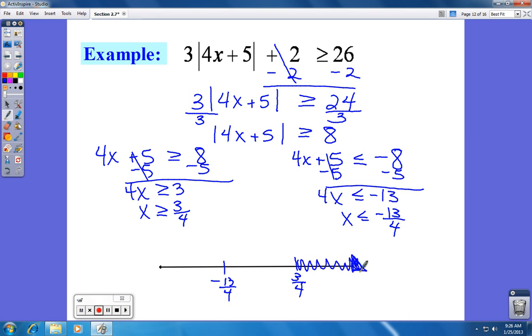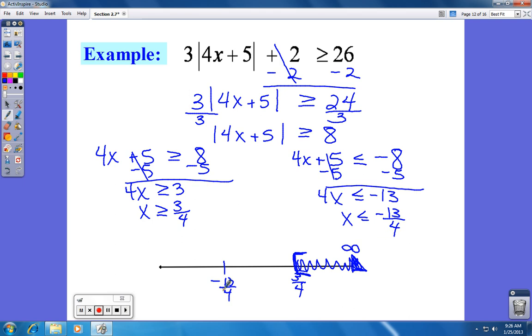That arrow means infinity. And we need to determine whether we need a parentheses or a bracket. If it is or equal to, we're going to use brackets. So here we'll have a bracket. This particular inequality, we have x is less than or equal to -13 over 4.